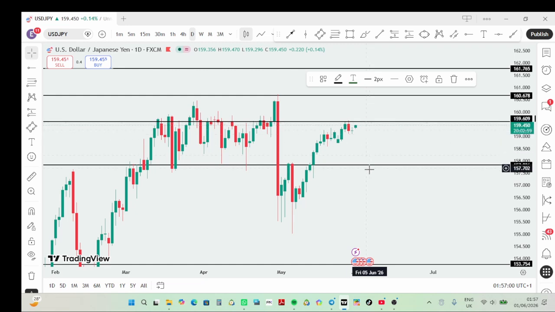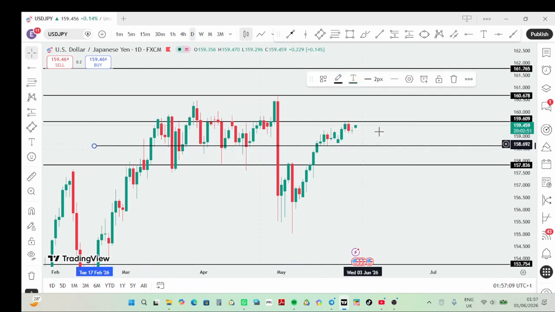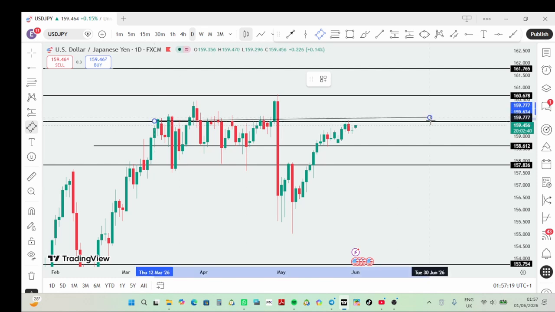But the market wants to retrace either to this level or to this level. Then we'll be looking for either this level or this level. It wants to commit itself to sell from this point. Start selling from this point.